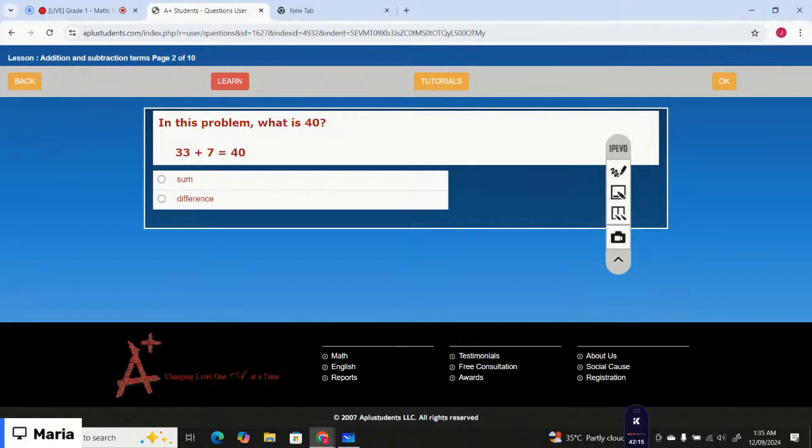Yes, 40 is the sum, right? You are adding two numbers, 33 and 7. So 40 is the sum of the two numbers. The correct option is sum.